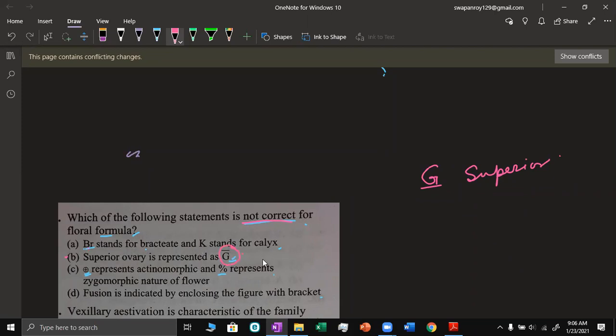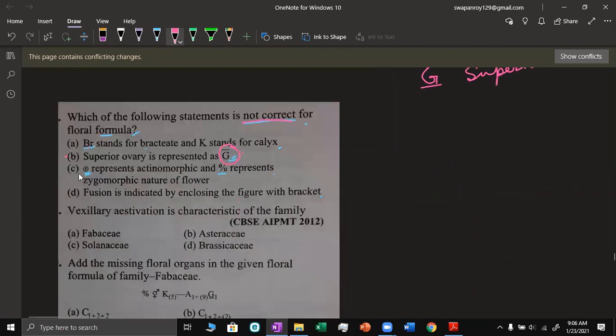Br stands for bract and K for calyx. This one is actinomorphic, and this percentage sign is zygomorphic. Fusion is indicated by closing the figure with the bracket. When we write, say, a monodelphous condition, the androecium is many, and this is within the bracket.